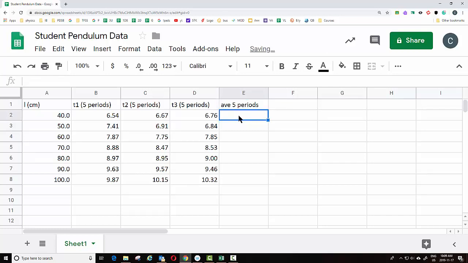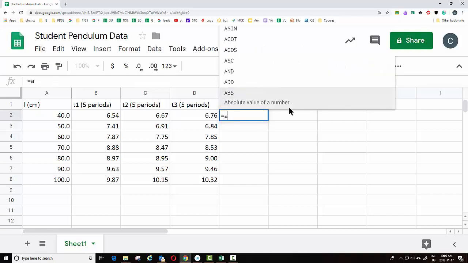So if I want to calculate an average, we can save a lot of time if we use a formula. If I just click in the box here, I can put my formula in the address bar up here. And if I make an equal sign, that tells Google Sheets that I want to make a formula.